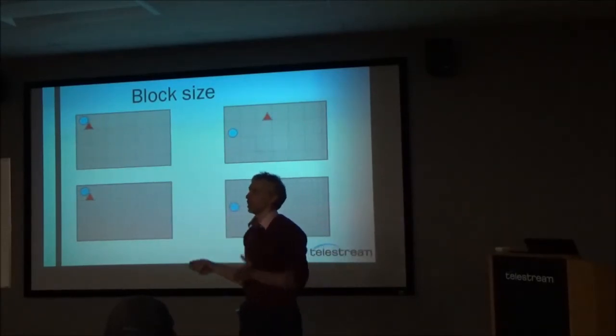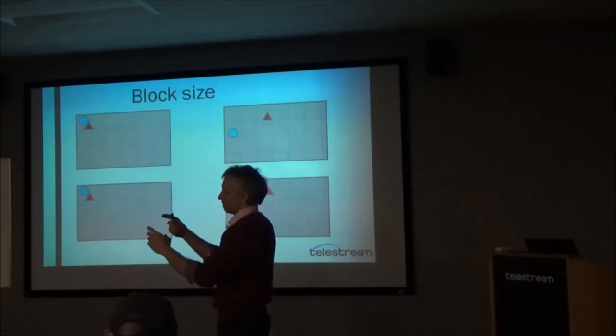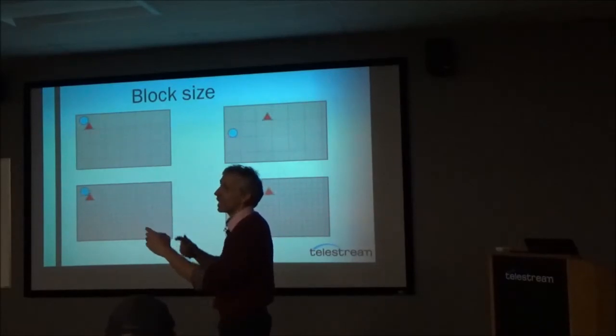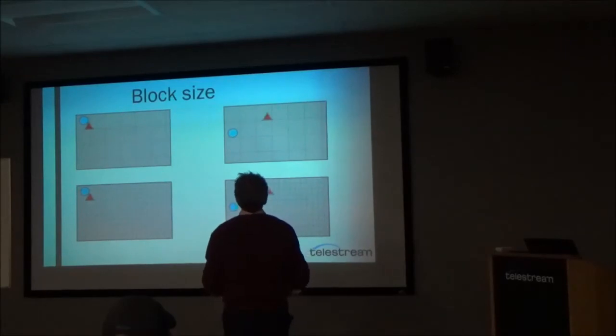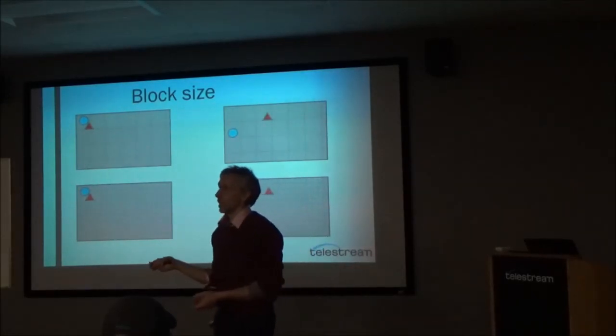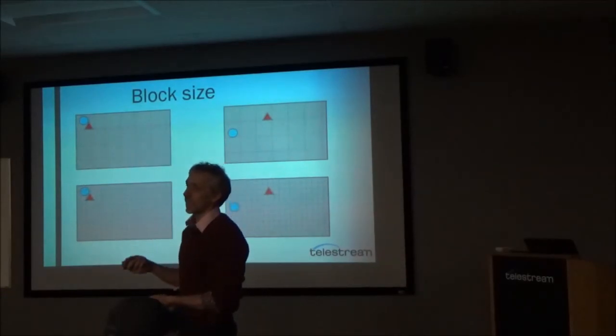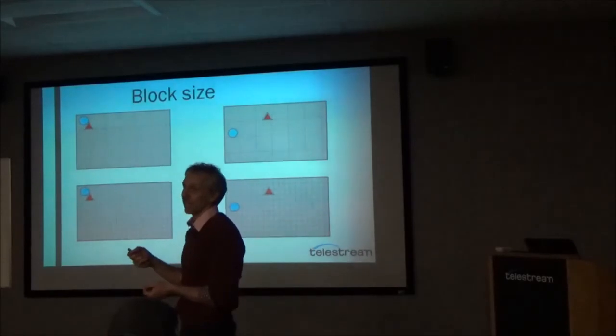So blocks that are too big are not good, because objects might be moving independently within the block, and therefore those blocks aren't good predictors of objects moving around. Too many blocks is also a problem. Let's say I went crazy and sent a motion vector for every single pixel in the image.